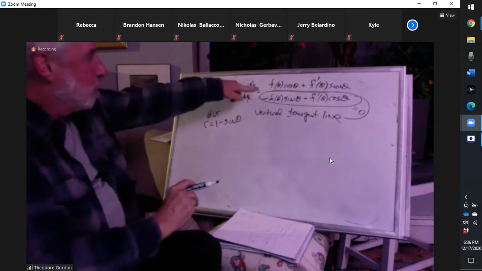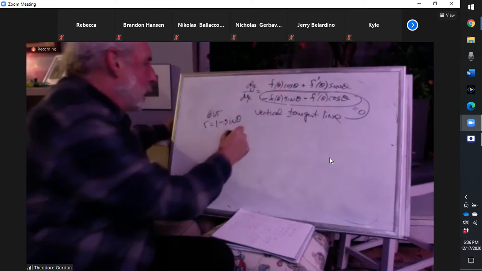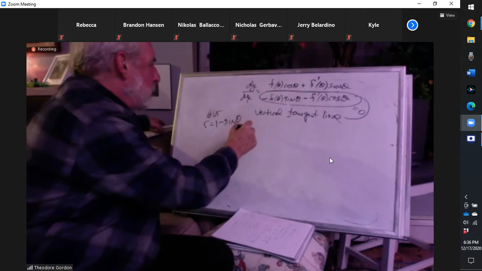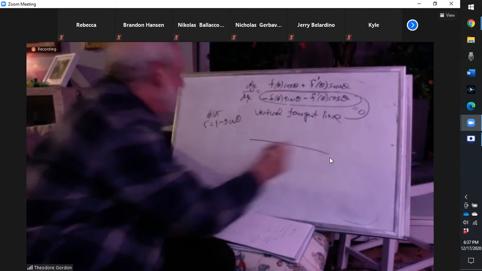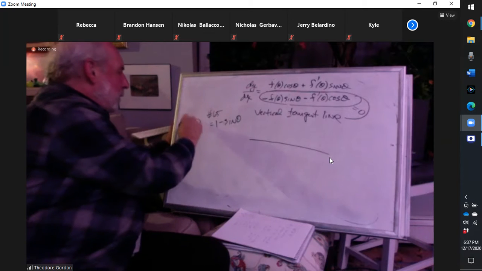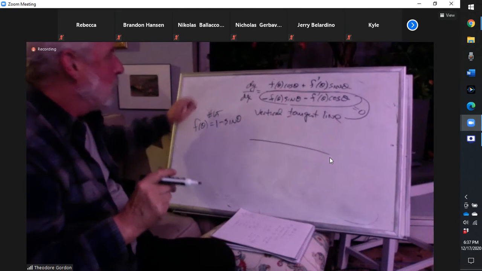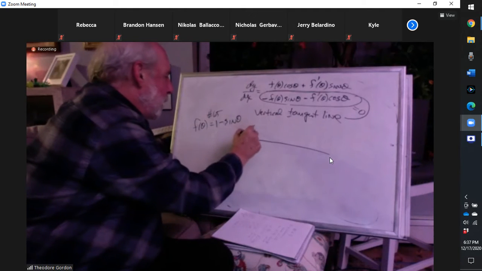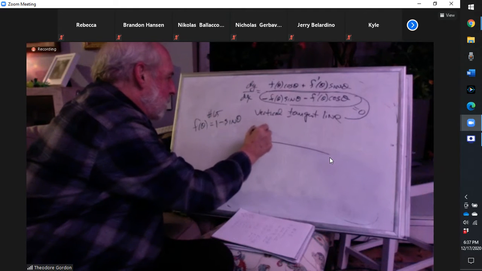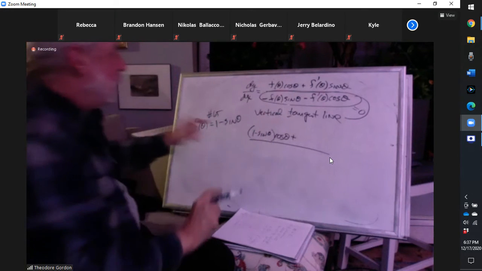Okay, so we'll put it into here. We'll do the whole thing anyhow. On the top we have f of theta; instead of r, I'm going to replace that by f of theta. Same thing, different notation. We put that up here: 1 minus sine theta times cosine theta plus the derivative.